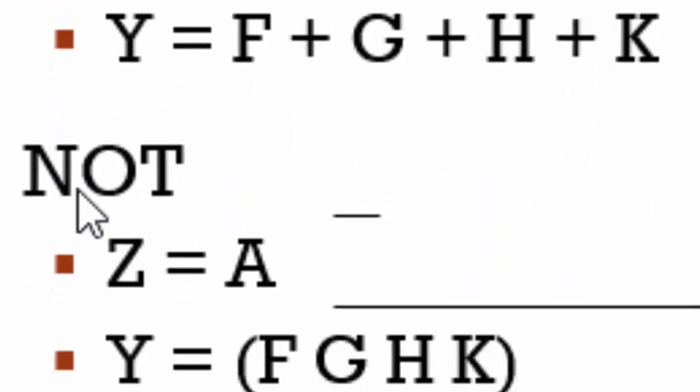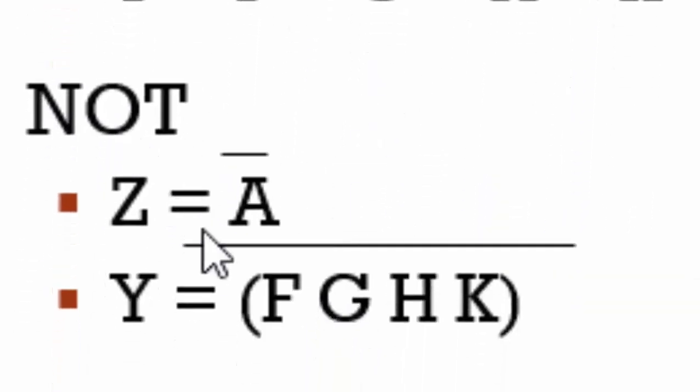And finally, for NOT, Z is equal to not A. If the value of A here is 0, then not A is equal to 1. But if the value of A is 1, then the value of Z is, of course, the other. If it's 1, it's going to be 0.